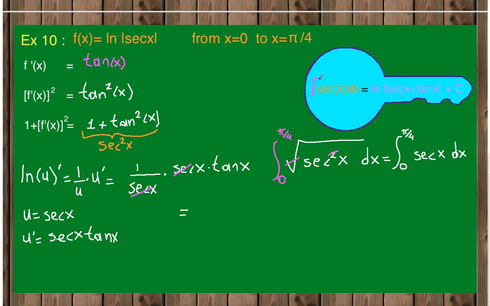The integral of secant x is one of our classical integrals that you need to know by heart. So it equals ln of secant x plus tangent x, evaluated from 0 to pi over 4.